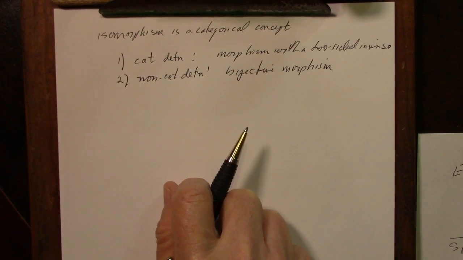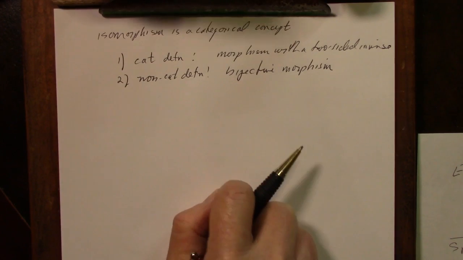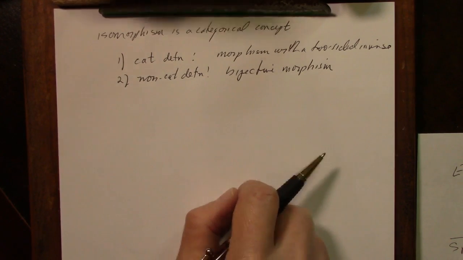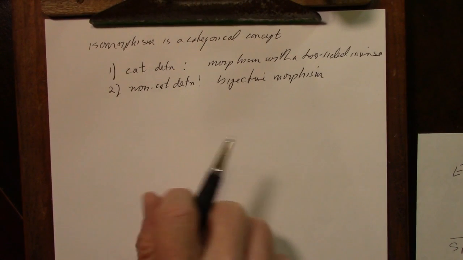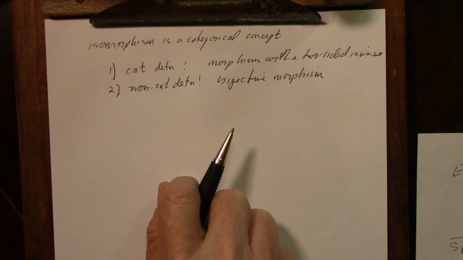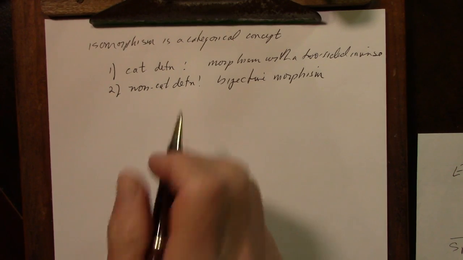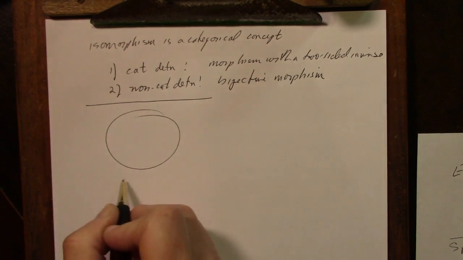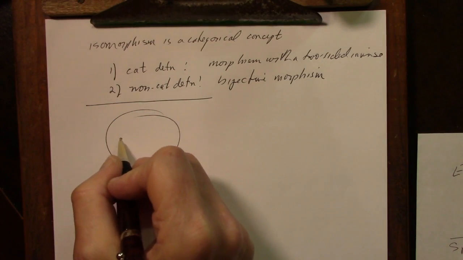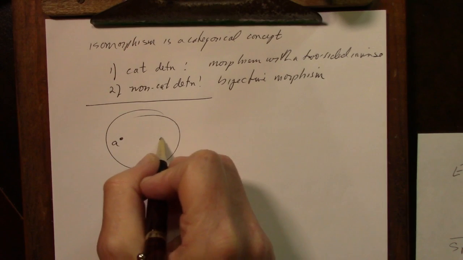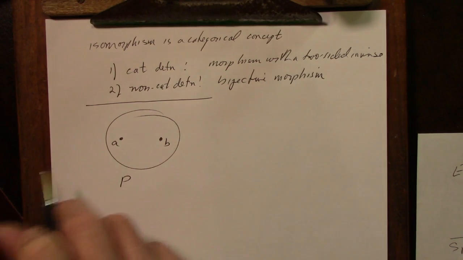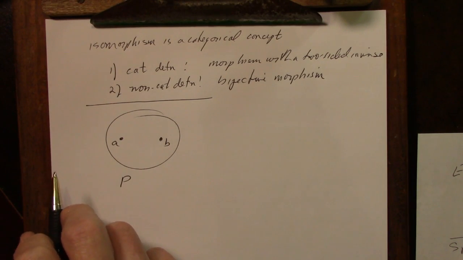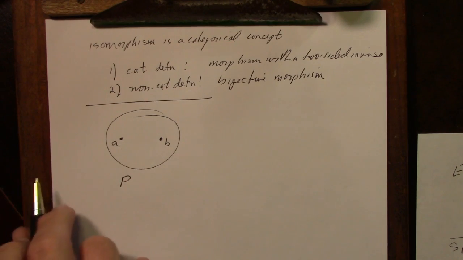Now, in the case of most algebraic structures, such as rings and groups and vector spaces, these are equivalent. But they're not always equivalent in categories, maybe some that you would think at first that they were equivalent. Suppose we have a partially ordered set, P, with two elements A and B that are not comparable.